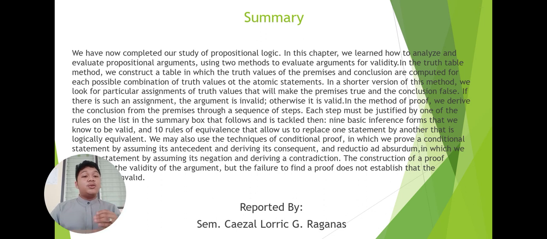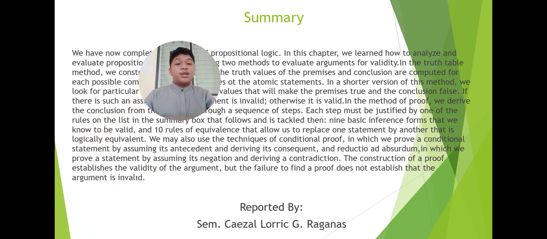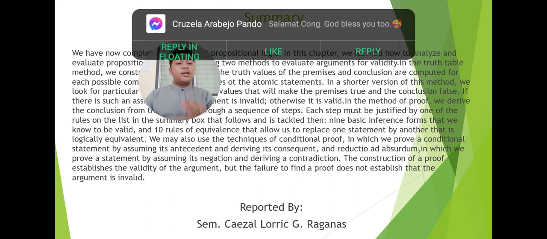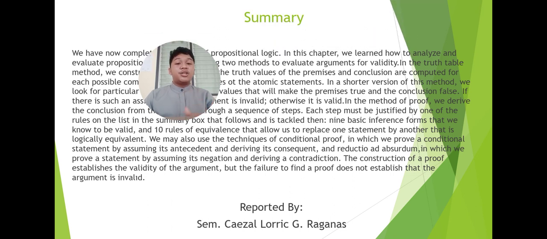We may also use the techniques of conditional proof, in which we prove a conditional statement by assuming its antecedent and deriving its consequent, and reductio ad absurdum, in which we prove a statement by assuming its negation and deriving a contradiction. The construction of a proof establishes the validity of the argument, but the failure to find a proof does not establish that the argument is invalid.